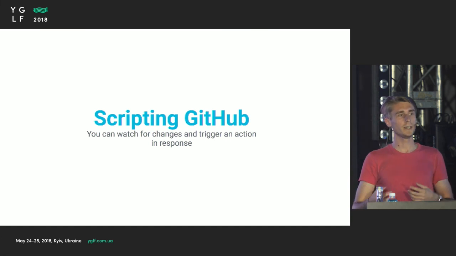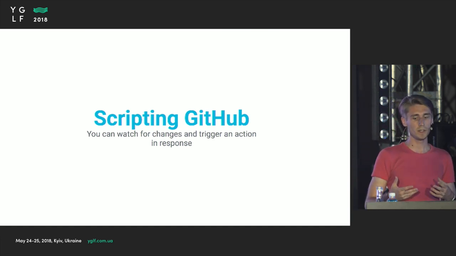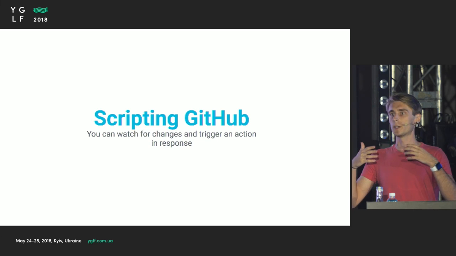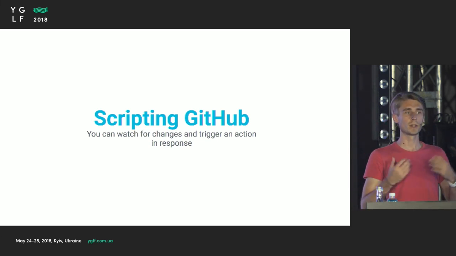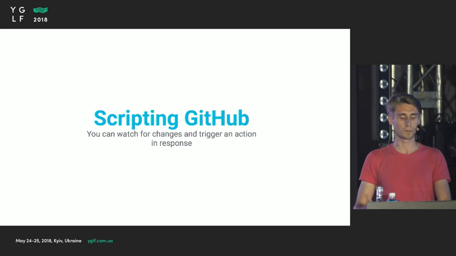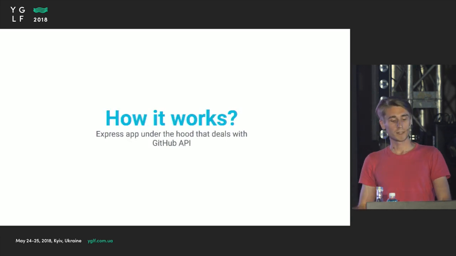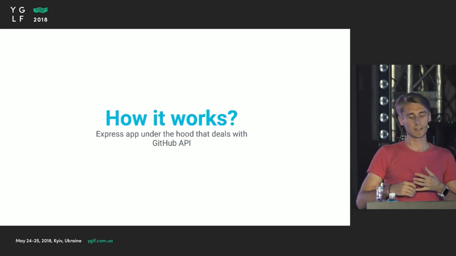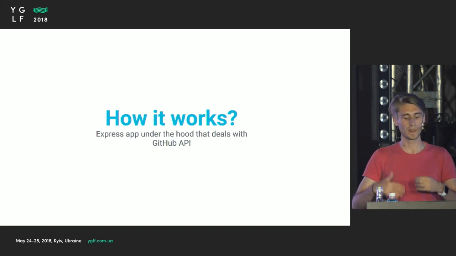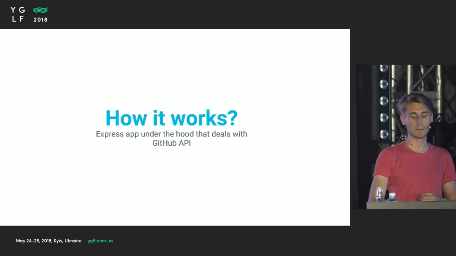So actually, it opens an ability to script GitHub. Like, you can watch for changes, receive some meta information, analyze it, and trigger an action in response. How does it work? Actually, Probot is an Express application under the hood that deals with the GitHub API.